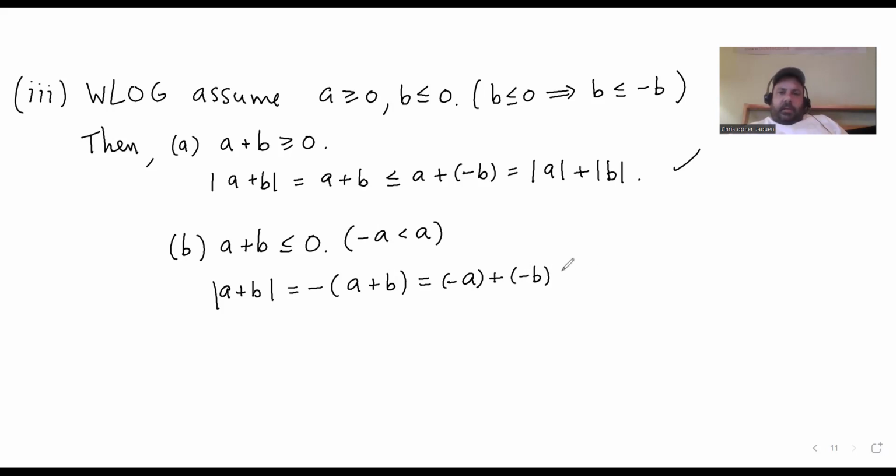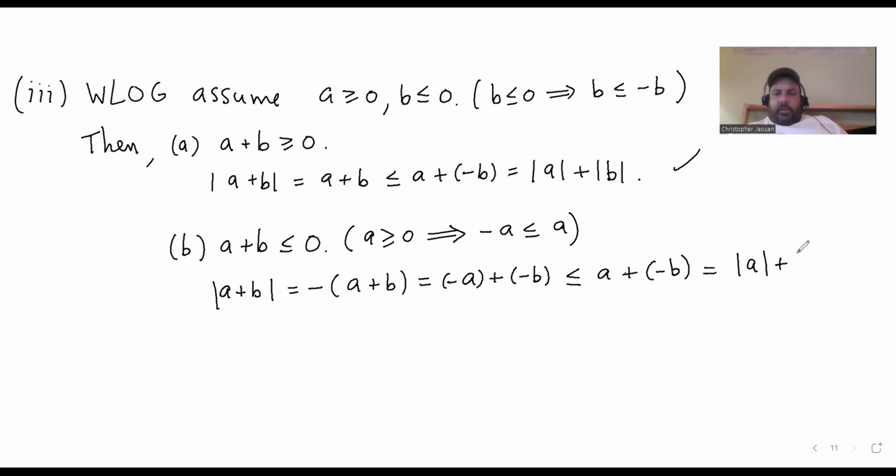Actually, that might be hard for people to follow, so let me say A greater than or equal to 0 implies minus A less than or equal to A. Right, so this is less than or equal to A plus minus B, which is the same thing as the absolute value of A plus the absolute value of B.